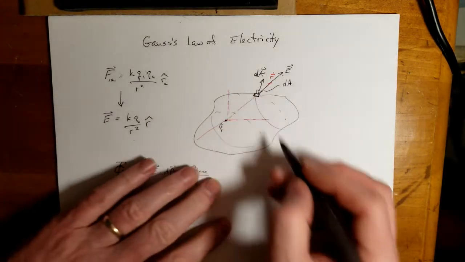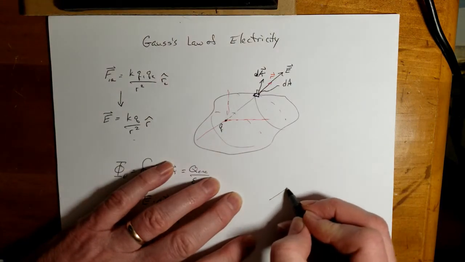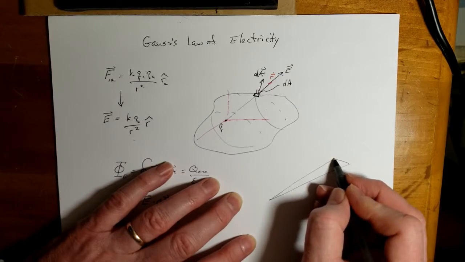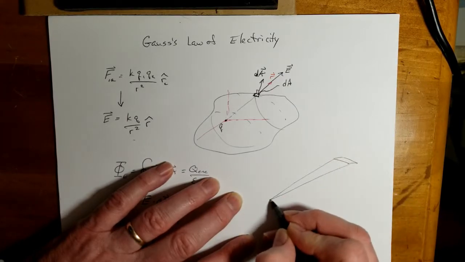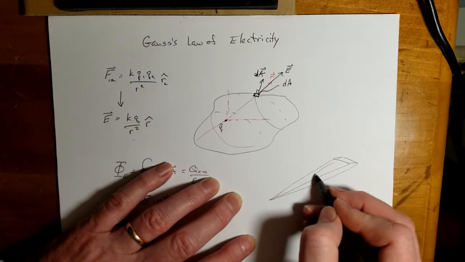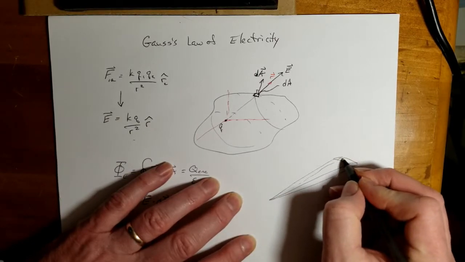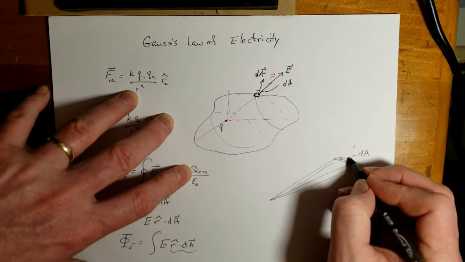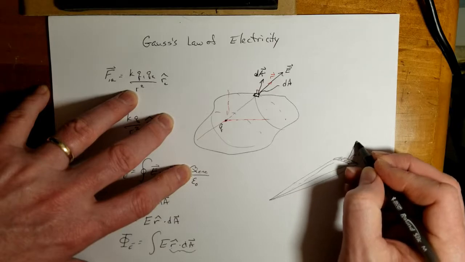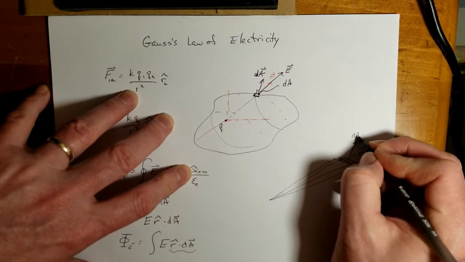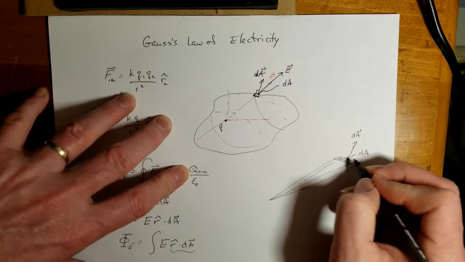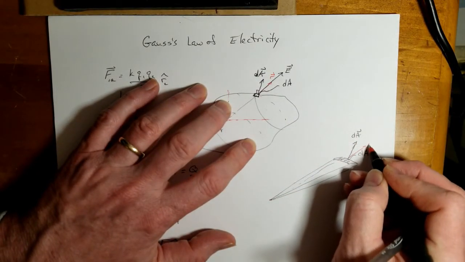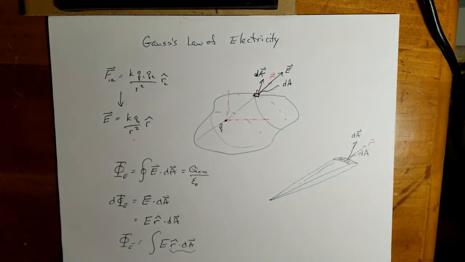In other words, if we sort of expand that, so I have Q right here, and I have dA, so if this is my dA right here, so dA is going this way, so it's dA hat, and my r vector is going from my origin out that way, so that's our direction of r hat.